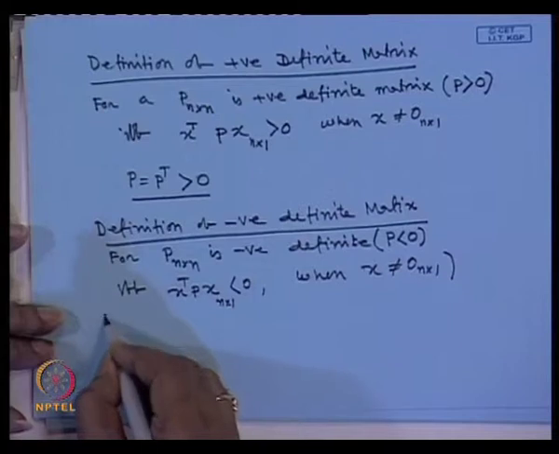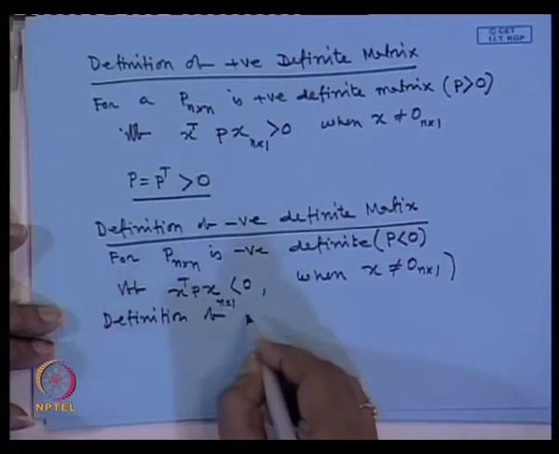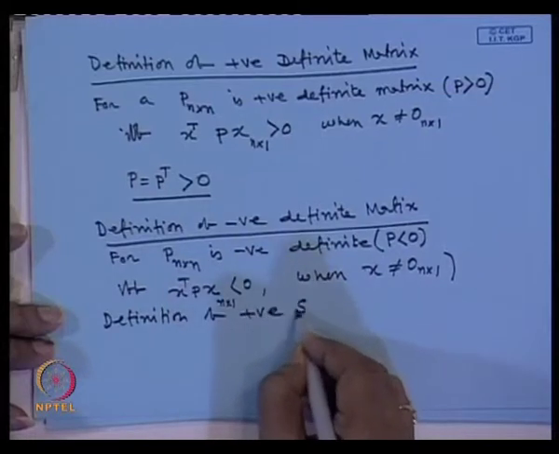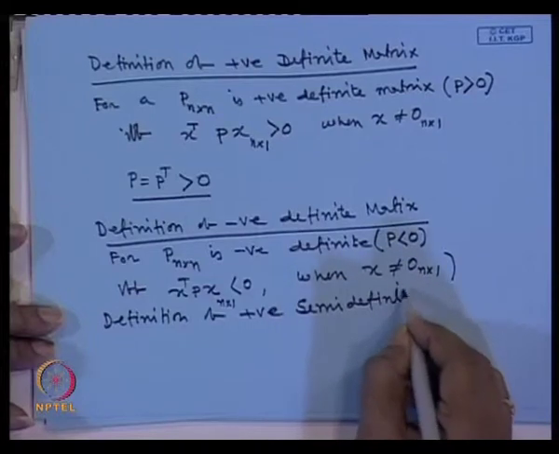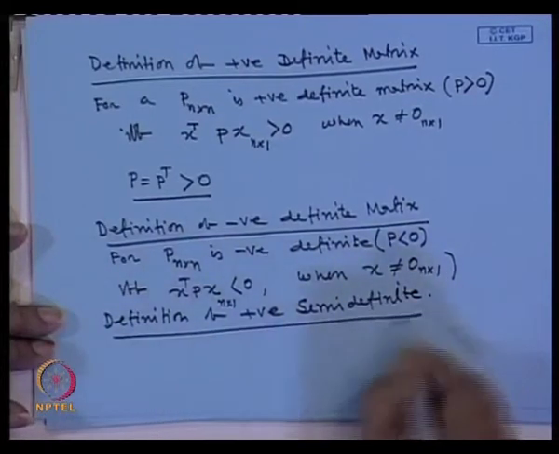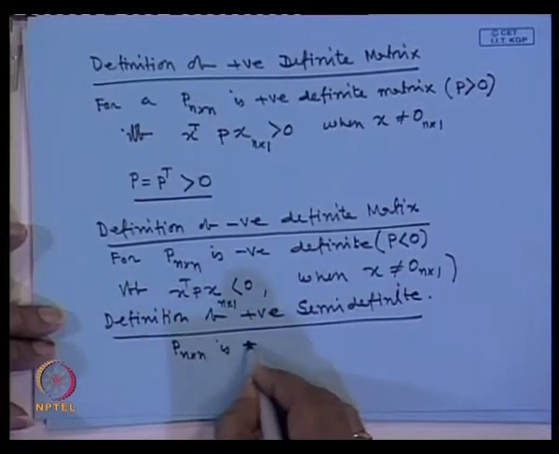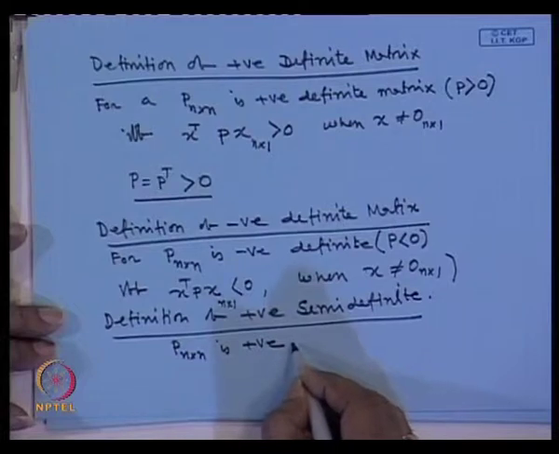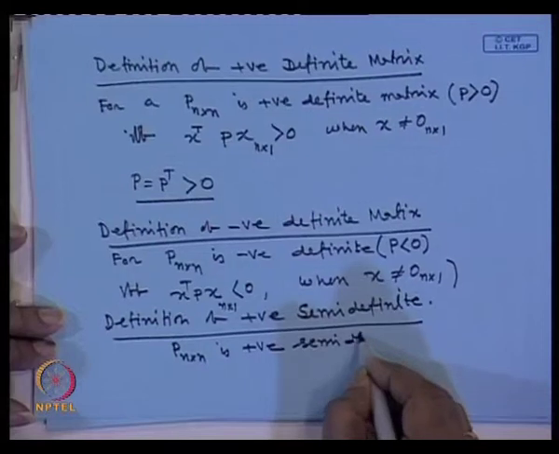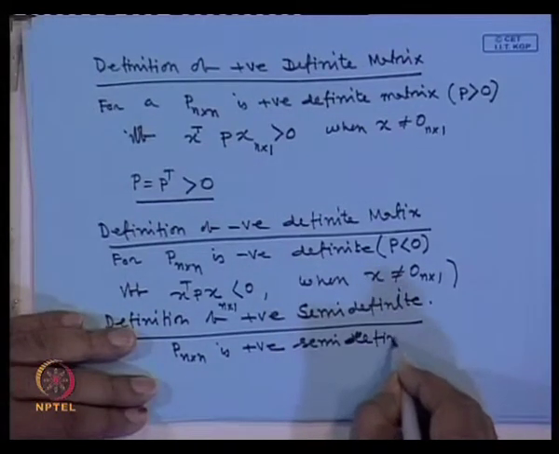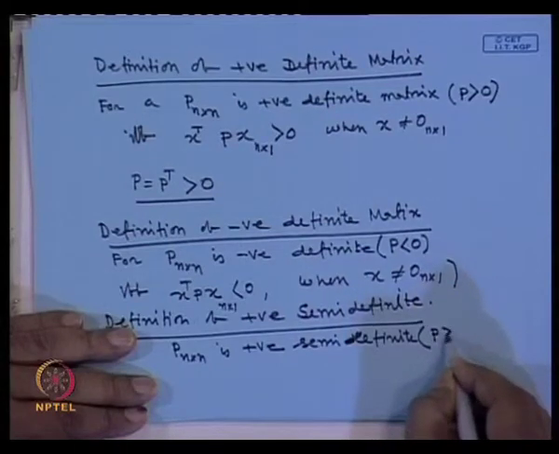Next is the definition of positive semi definite. Mathematically, positive semi definite is written P greater than or equal to 0.